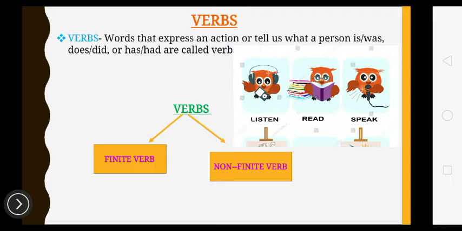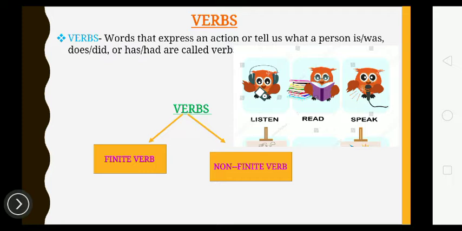What is the main difference between them? A regular verb forms its second form and third form by simply adding ed or t to its root form, that is V1, like work, worked, worked, or cry, cried, cried.